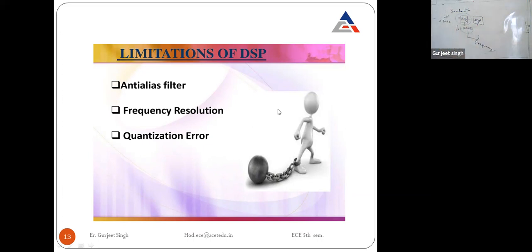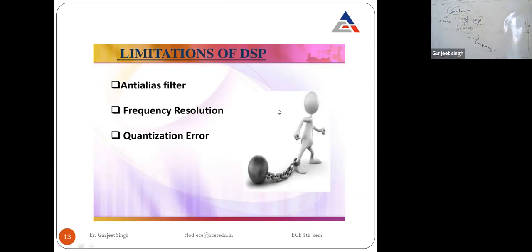If we change the input frequency range, we have to change the hardware. So this is the bandwidth problem, or we can say the frequency resolution.